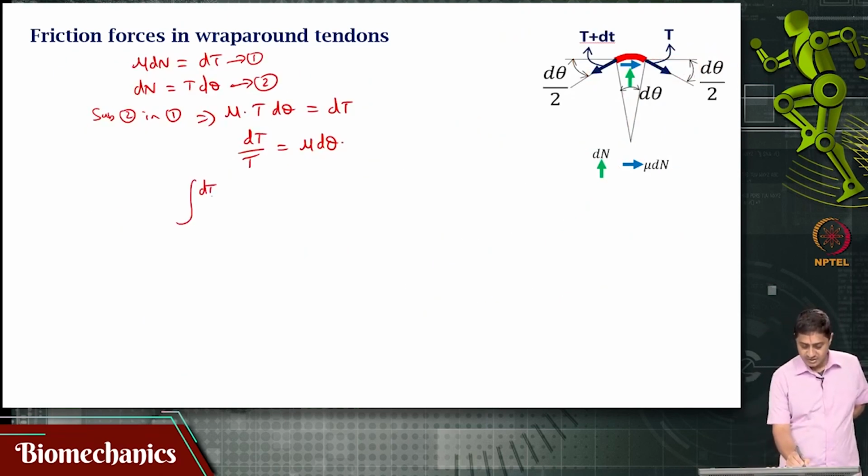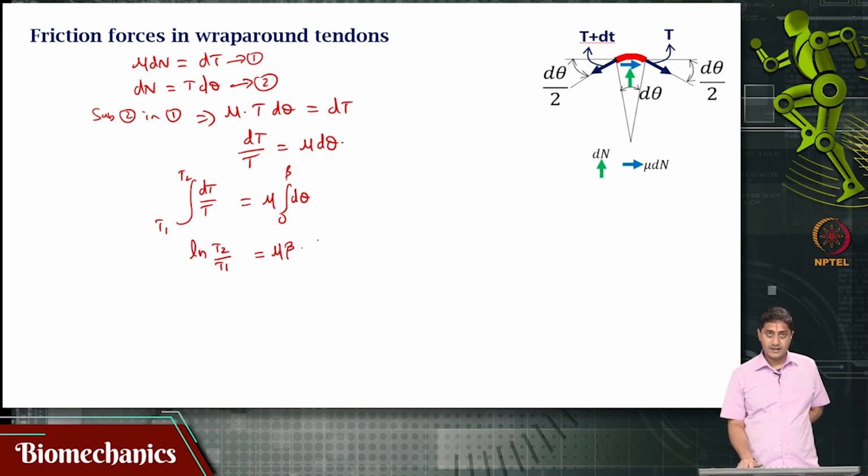Integral dT by T between the tensions T1 and T2 is equal to mu times integral 0 to beta d theta. This will give me ln T2 by T1 is equal to mu beta.